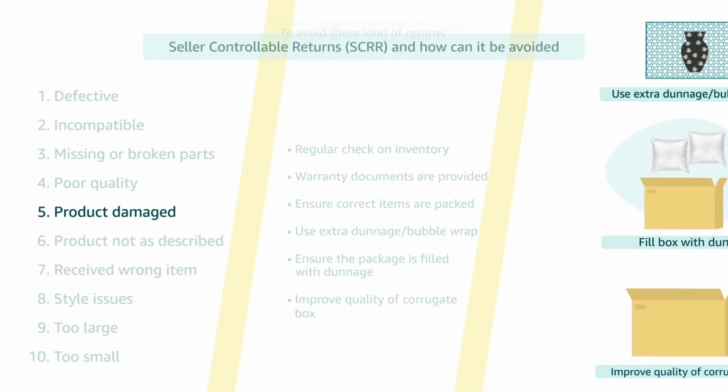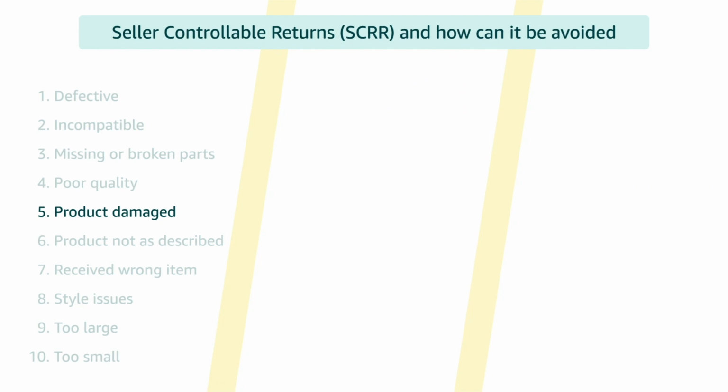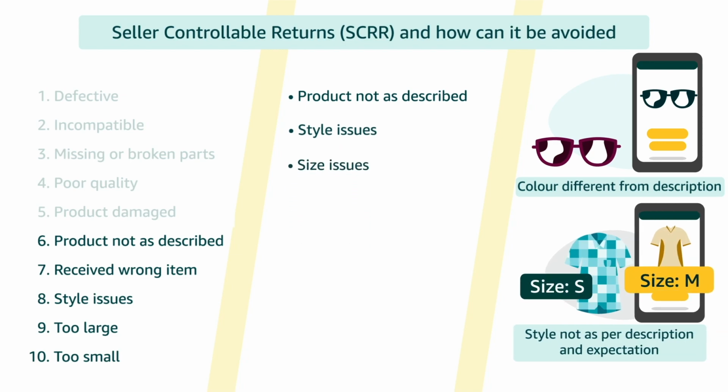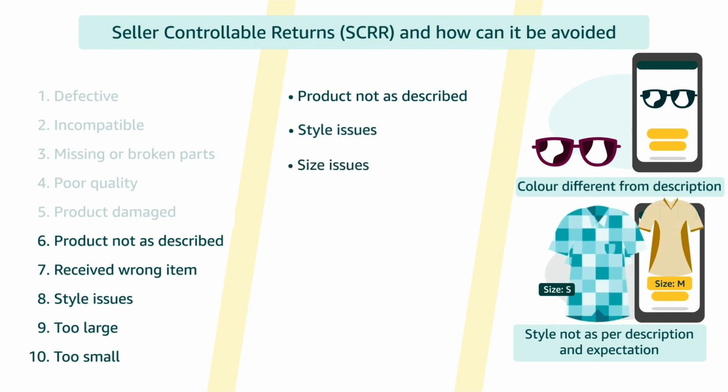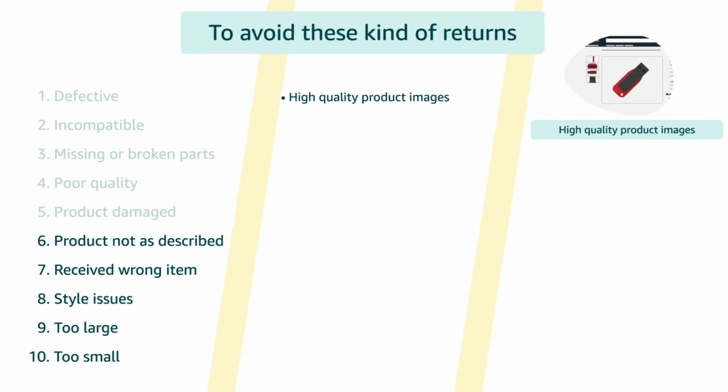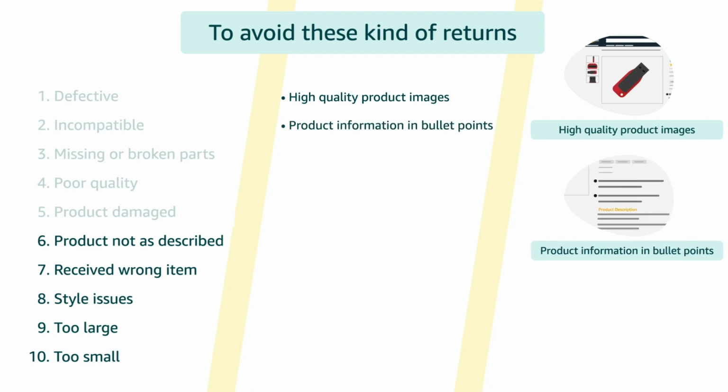There are also instances where the products are returned because it was not as described in the product details page in terms of the size of the product or the look of the product. To avoid such kind of returns, always include high quality product images in catalog display. Provide all important product information in the attributes, bullet points, and description to minimize gap in customer expectations.